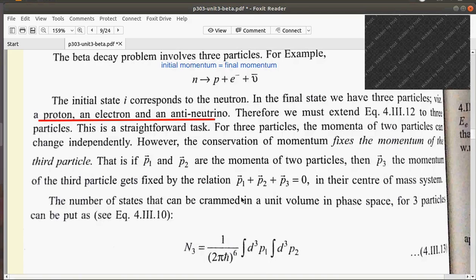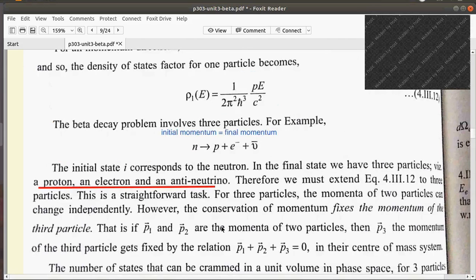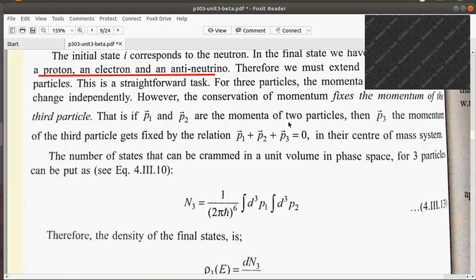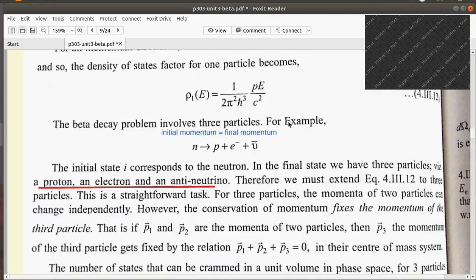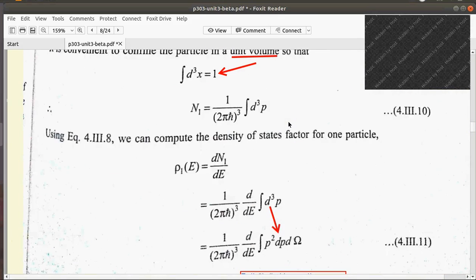That is why the number of states that can be crammed in the unit volume in phase space for three particles can be written as follows. This is for one particle. Now if you have three particles, then instead of n1 it will be n3.